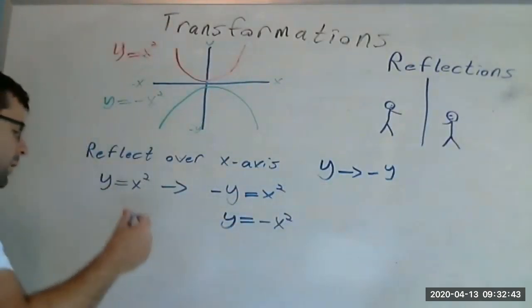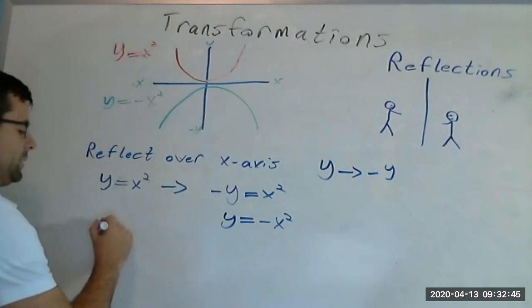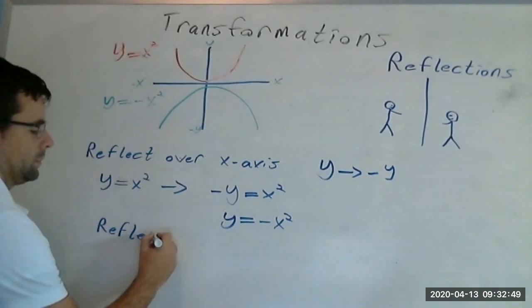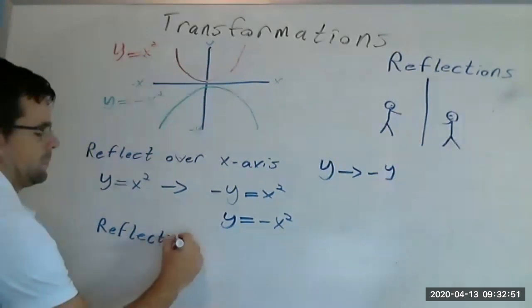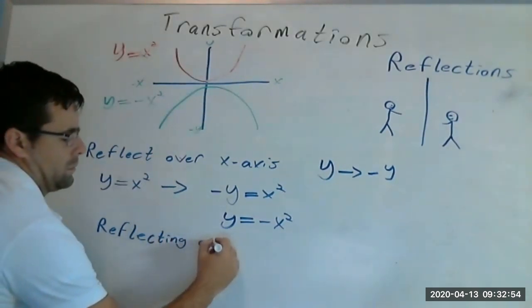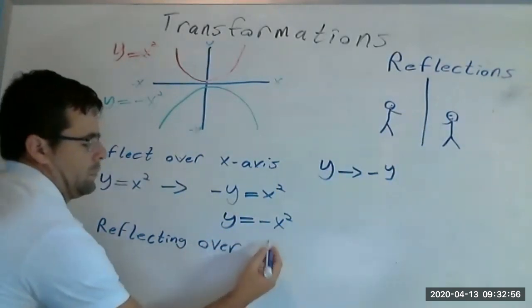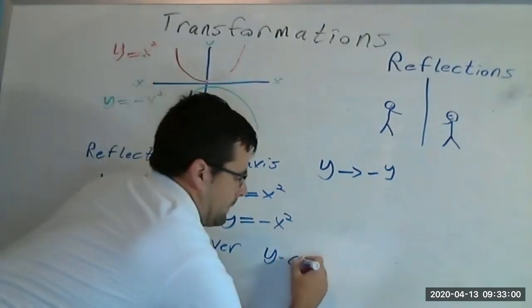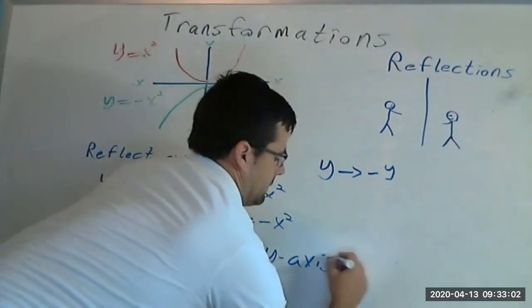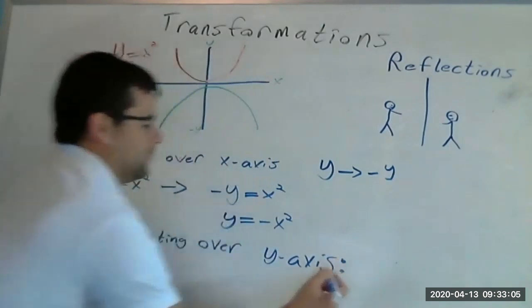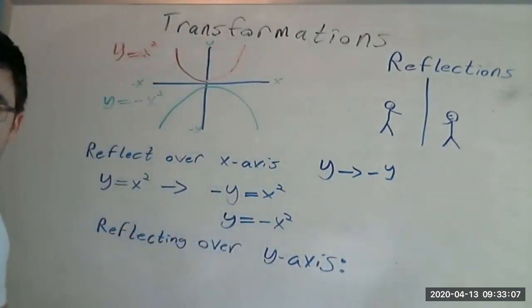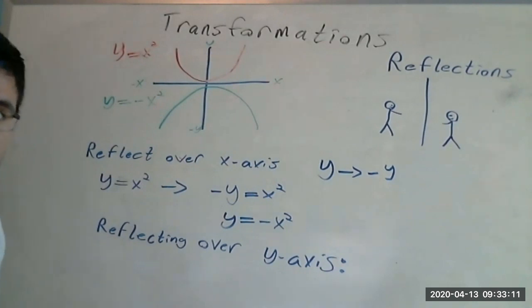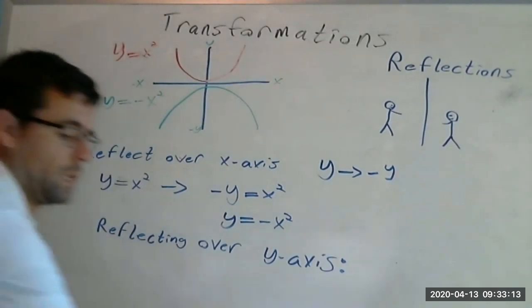Or if you're reflecting over the y-axis, what are you probably going to do? Wouldn't the x and the y switch places in the equation?